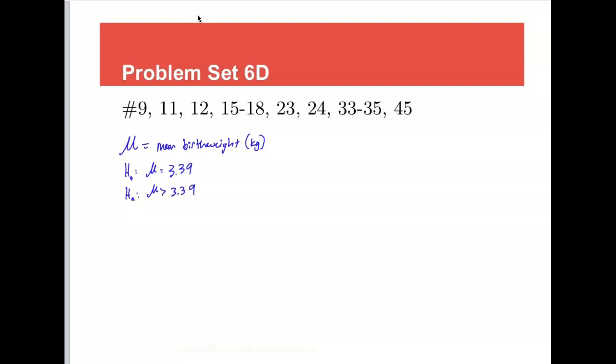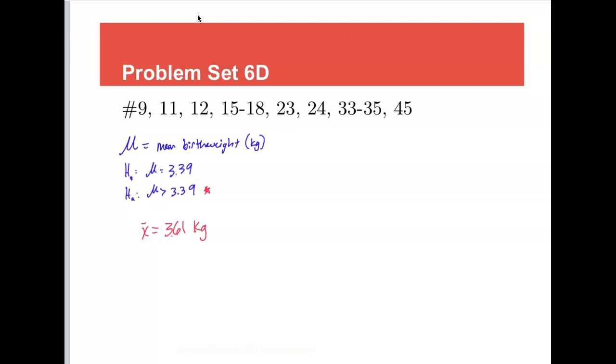So she looked at a sample of 145 babies, and in her sample, their mean birth weight was 3.61 kilograms. Okay. Well, that's definitely greater than the national average, but is that enough evidence to go, hey, this is really unlikely to have occurred by chance, and I think this hospital does have a larger mean birth weight?